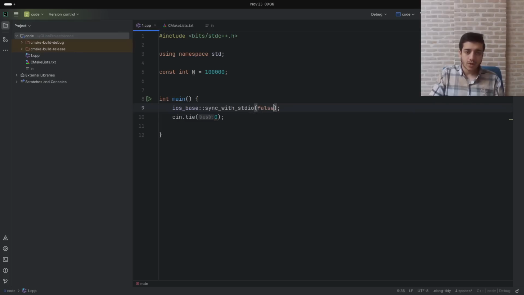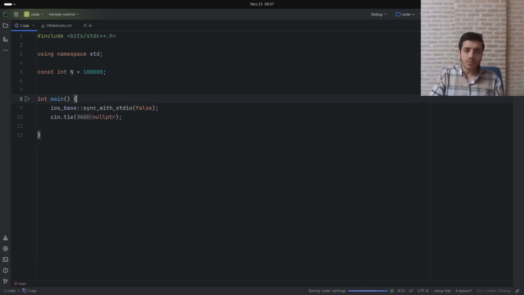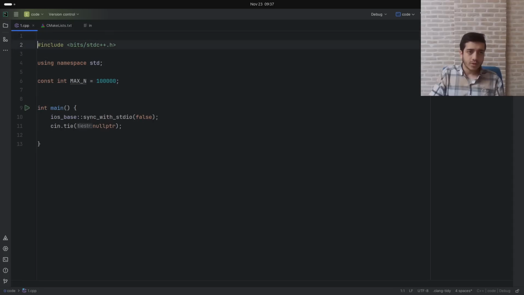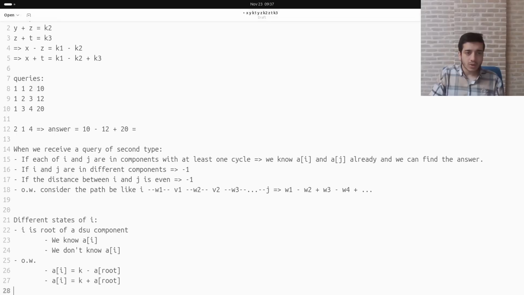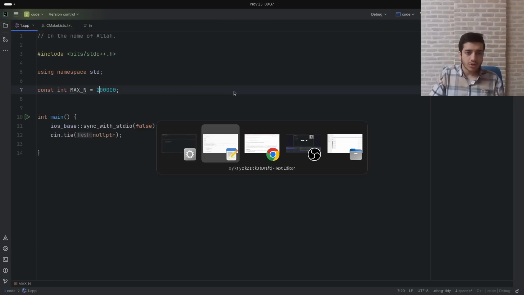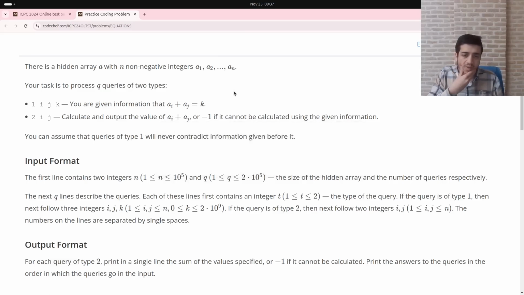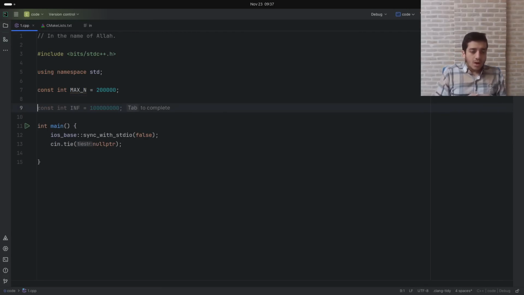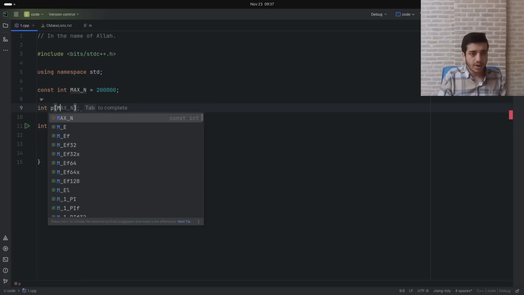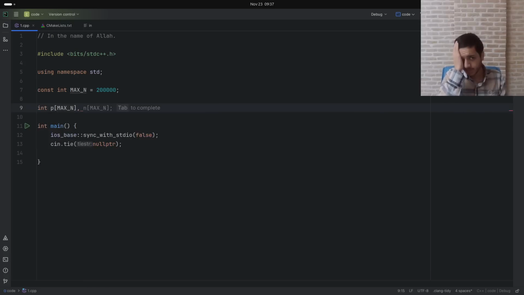I copied someone's code before I started this, so it's not my template. And then let me change it to something bigger. I define an array pair.